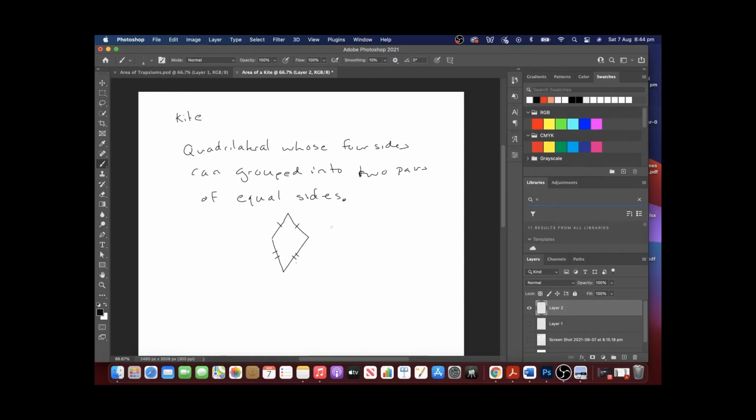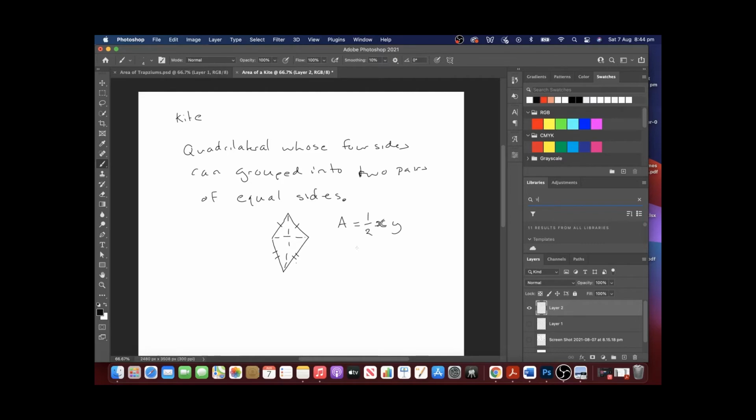And the formula for solving for the area is equal to half x y, where x and y are the diagonals. You can assign each one of these, either one can be x, either one can be y.